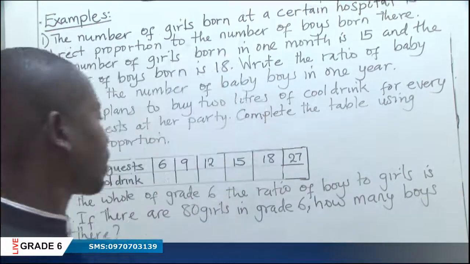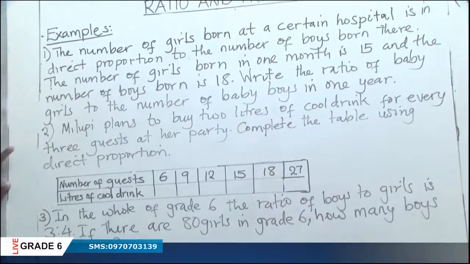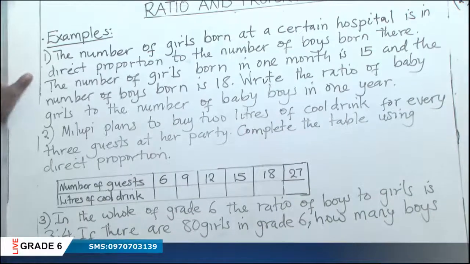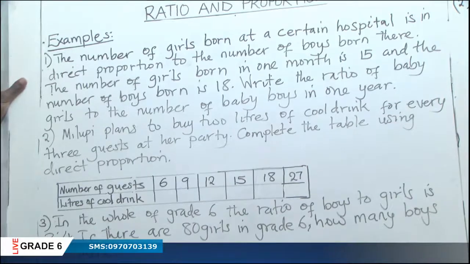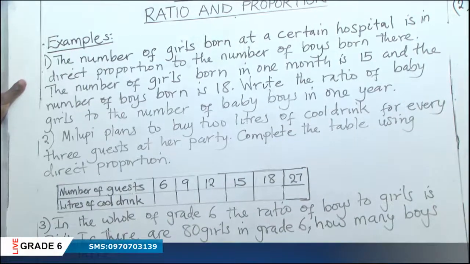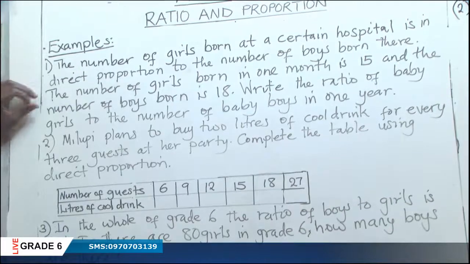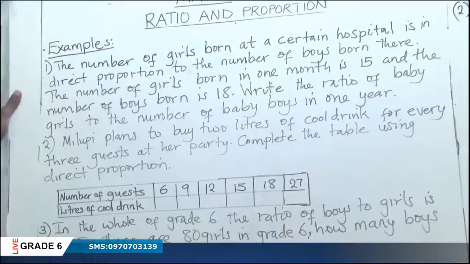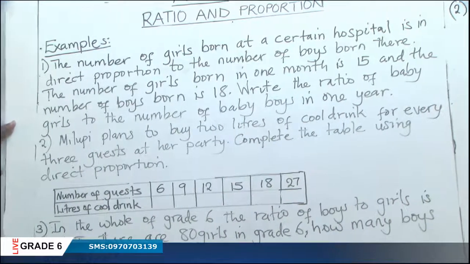Okay, so boys and girls, let's go to our last examples for today. Number 1 says the number of girls born at a certain hospital is in direct proportion to the number of boys born there. The number of girls born in 1 month is 15 and the number of boys born is 18.